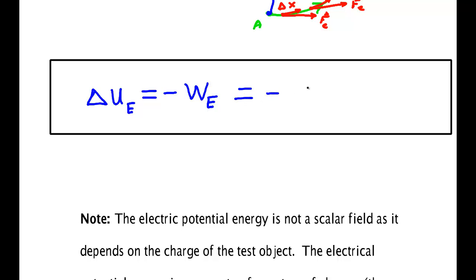Again, this is definitely equal to Q times your electric field dotted into small displacements across some path. But this is the key thing right there. Change in potential energy is minus the work of a conservative force, and the electric force is a conservative force.